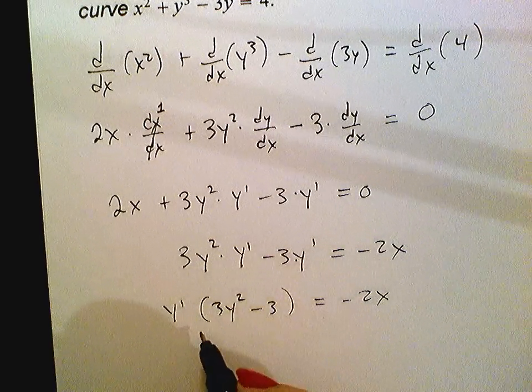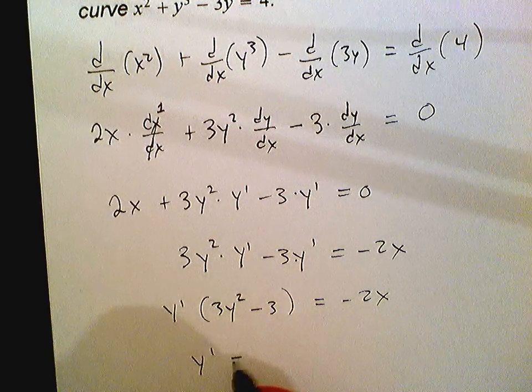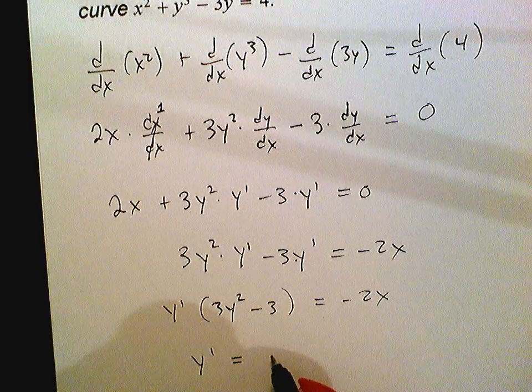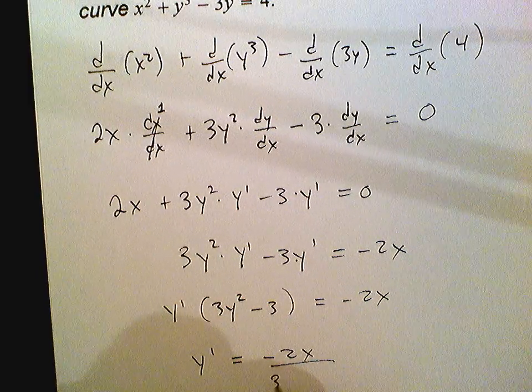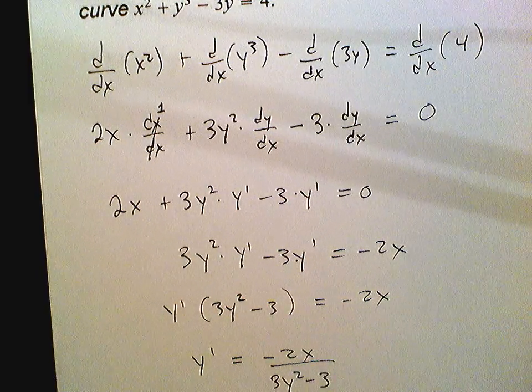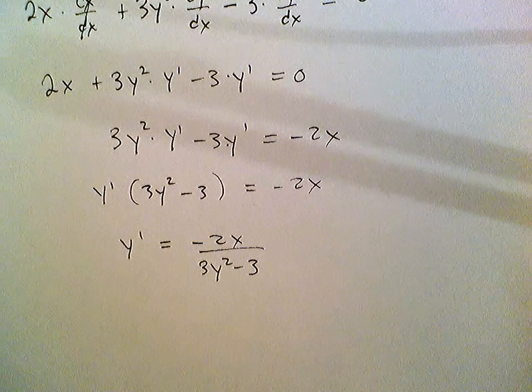Okay, and then y prime equals negative 2x divided by 3y squared minus 3. I thought I was making a mistake. All right, so this is y prime.